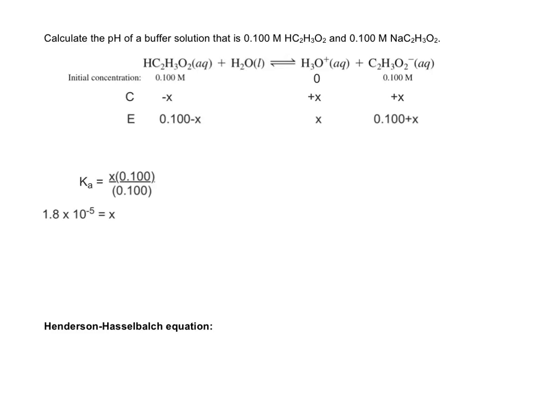All right, and so then we can just get the pH by doing the negative log of that, which is 4.74. Okay, and so what you might notice is that this is the pKa for this reaction, because we've just taken the negative log of the Ka.